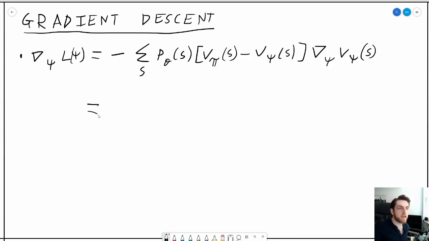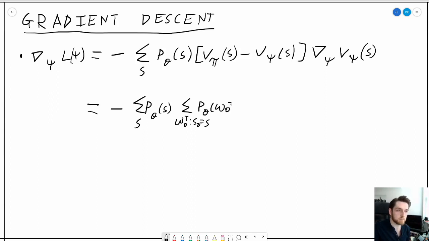And again, this is still written in terms of the values that we don't have, but now we can substitute in the definition of these values. And what we end up with is then a sum over the states, a sum over future trajectories, where we're conditioning S0 to be S, and that we then have the probability of each of those future trajectories.